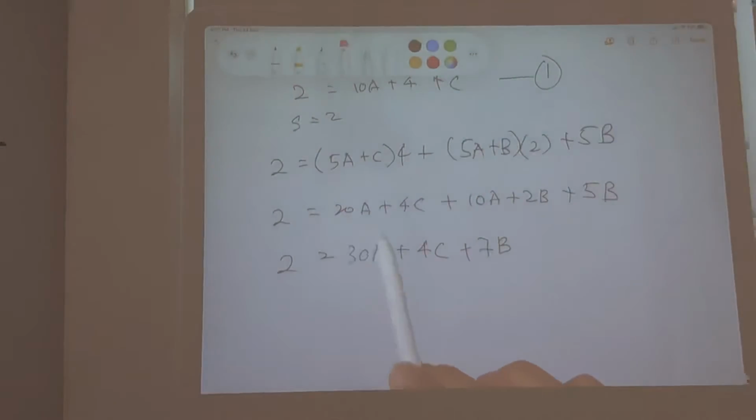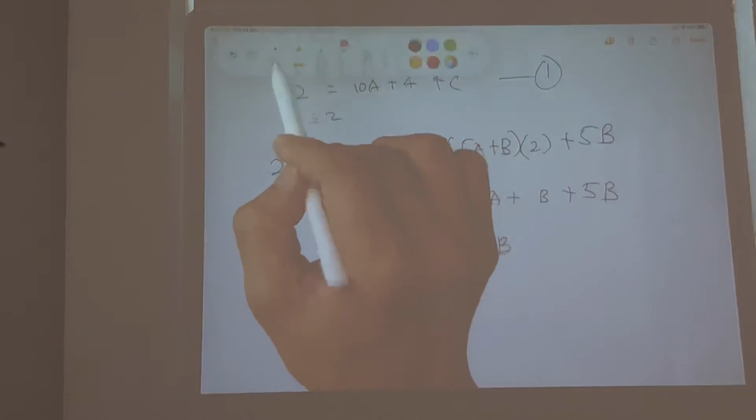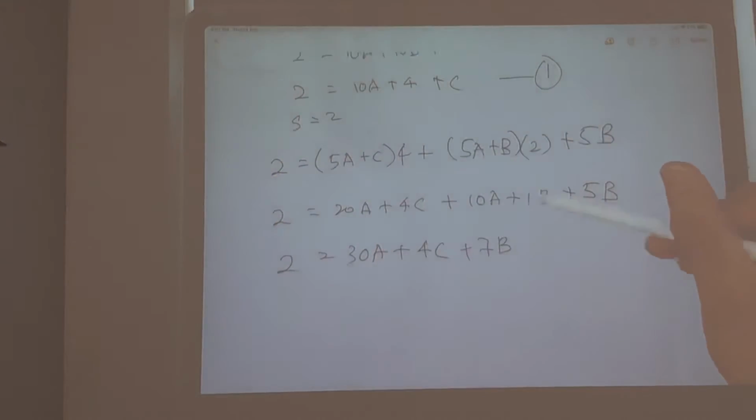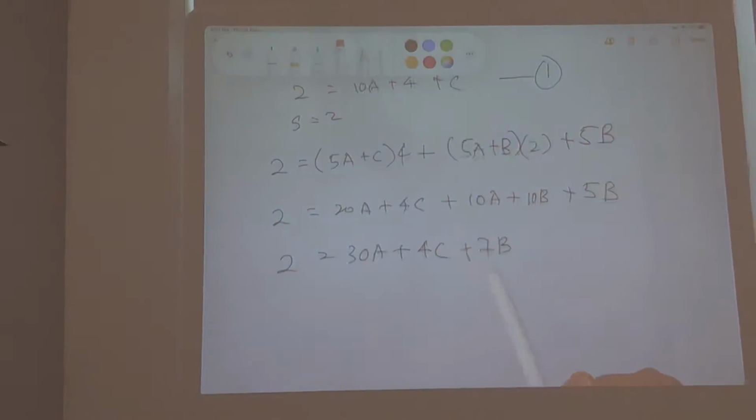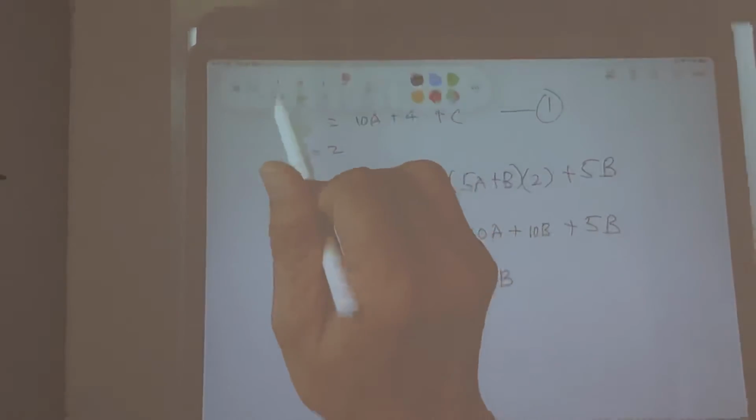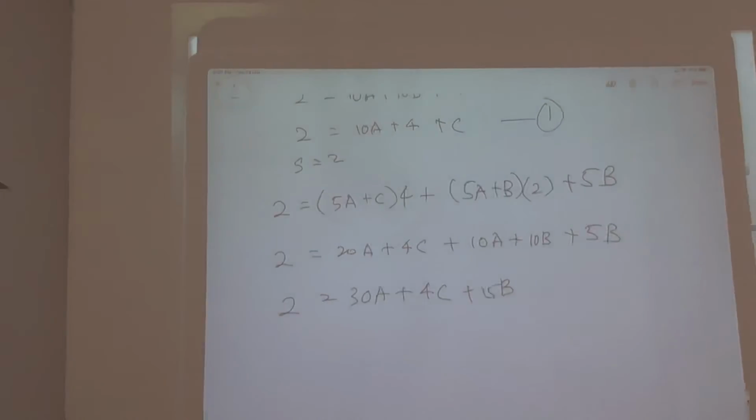Is 20A plus 4C plus 10A plus 10B. This one is 10B. 10 plus 5 is 15B. And this equal to 2 equal to 30A plus 4C. If I put in my B, which is 0.4, right? 15 times 0.4 is 6. This is my second equation.